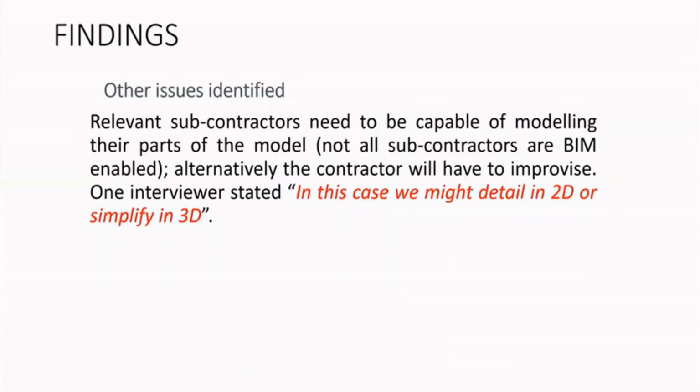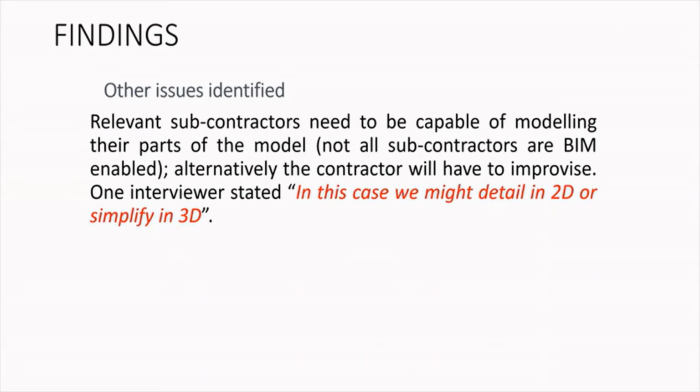Some other issues that we also came across was the relevance of subcontractors. They need to be capable of modeling their parts. Each subcontractor needs to be able to model his own part to a higher level of detail. But what happens if the subcontractor can do the work but can't do the modeling?